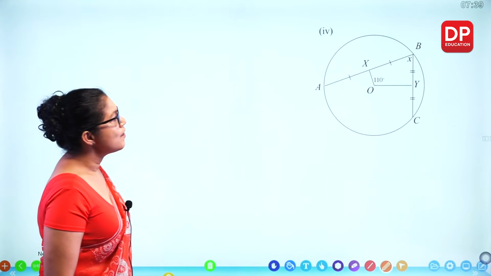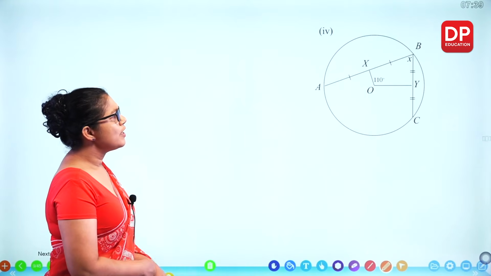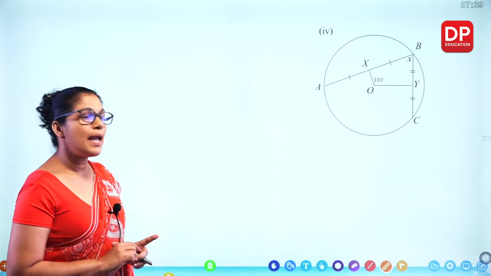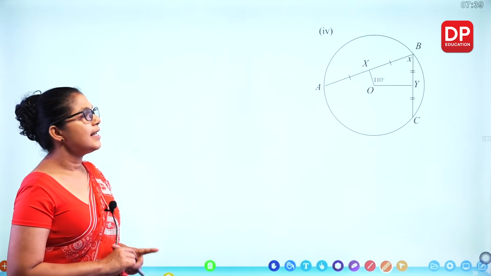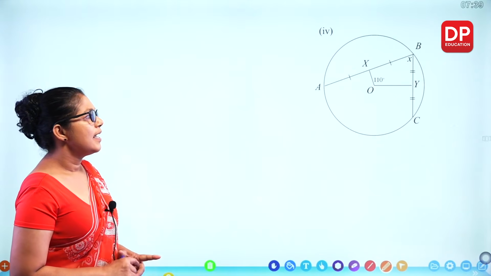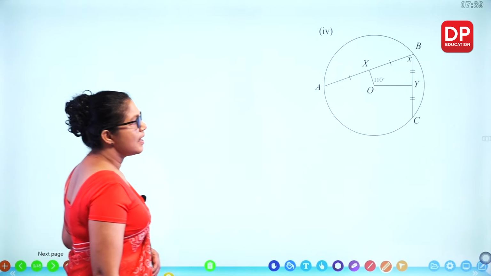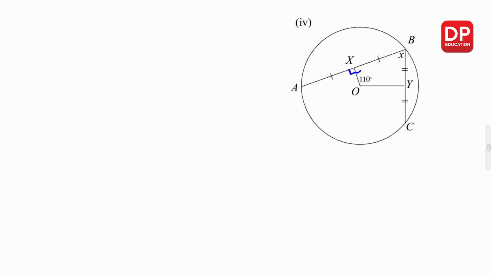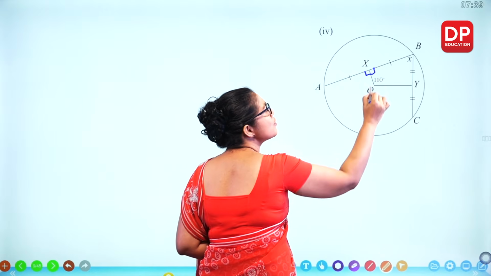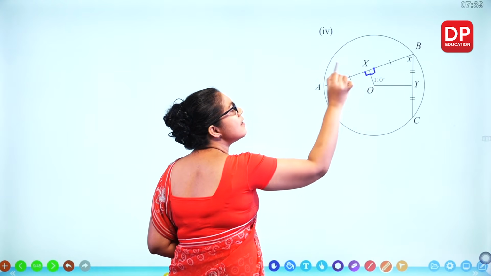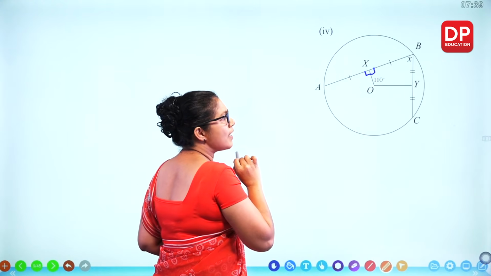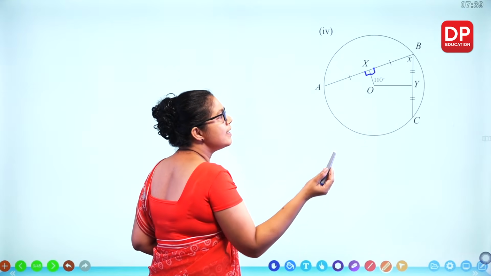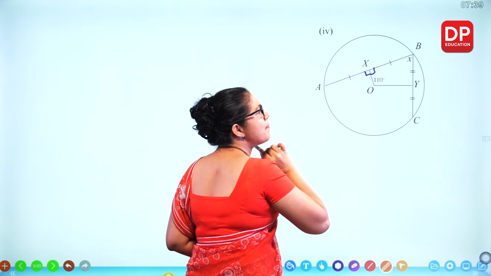Now we'll take the fourth part. So when you look at the diagram, again we can see AB is a chord and X is the midpoint and O is the center. Now when you look carefully, we know that these are perpendicular to each other because this is the center with the midpoint. Here also, when you look at chord BC, this is center with the midpoint.